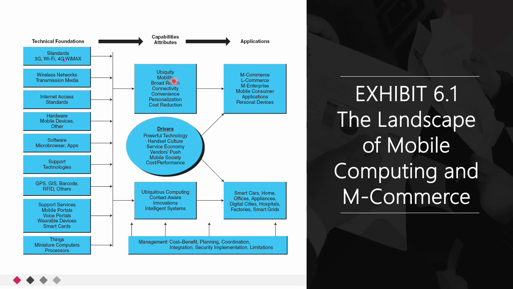And then personalization. Apps recommend things you like, like Netflix does with its recommendations, right? And then cost reduction. It's cheaper for business, since there's no rent for physical stores.